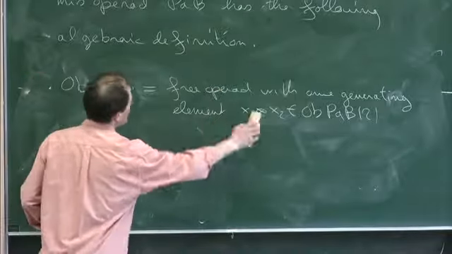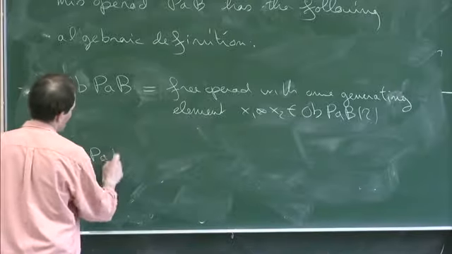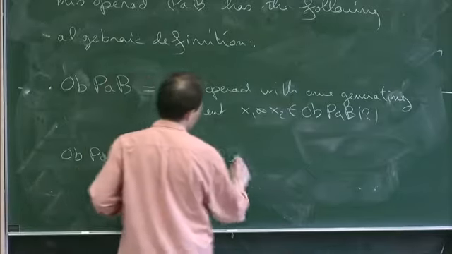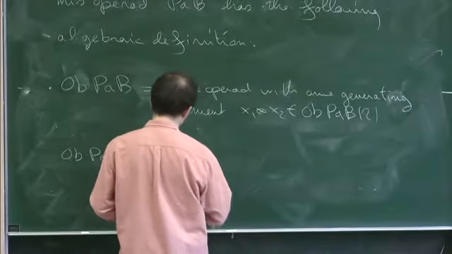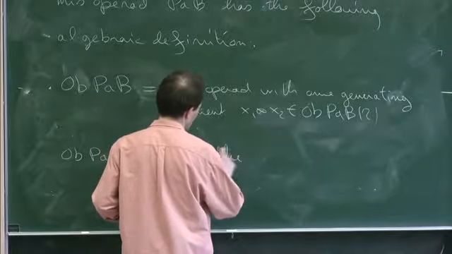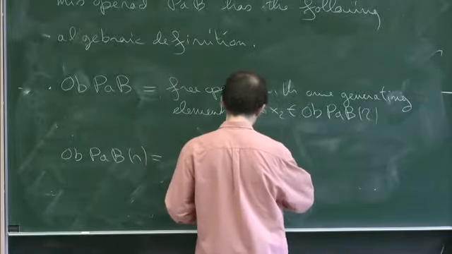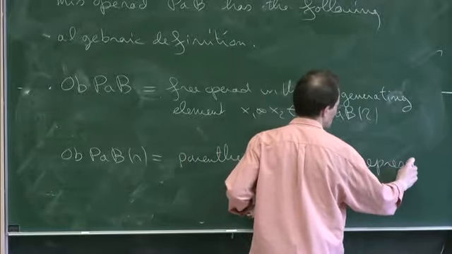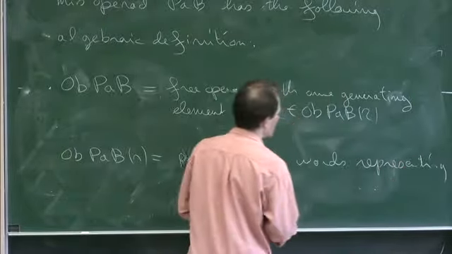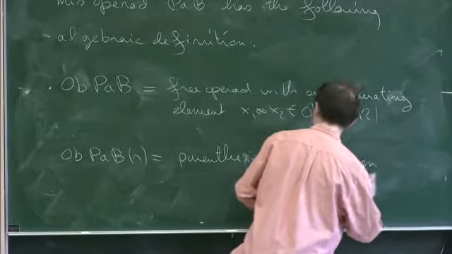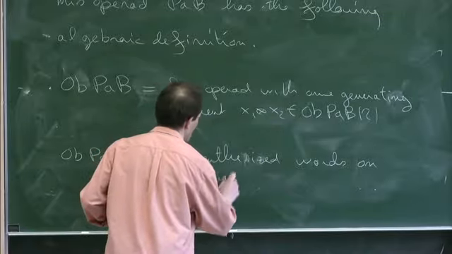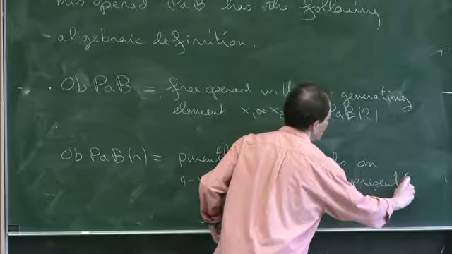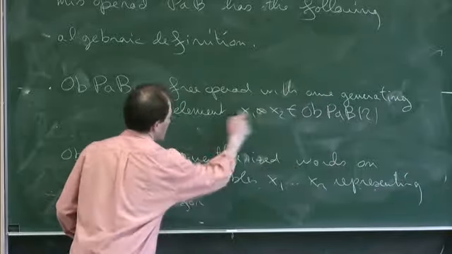And free operad generated by this element means that the objects, the components of this operad, are words, or parenthesized words, on r variables x1, ..., xr, representing formal composites of this generating operation.